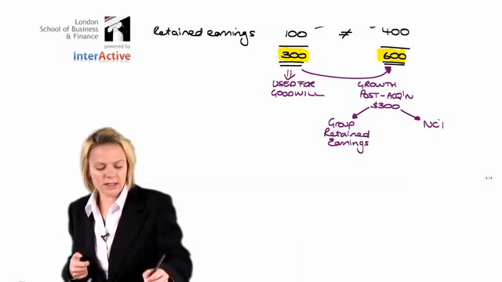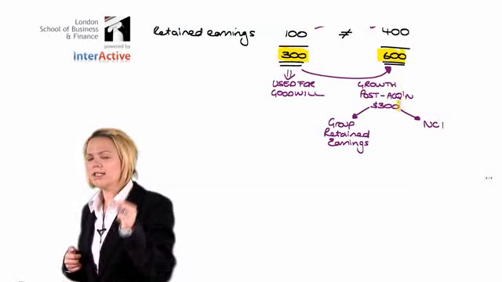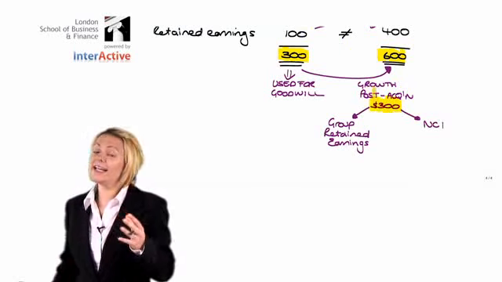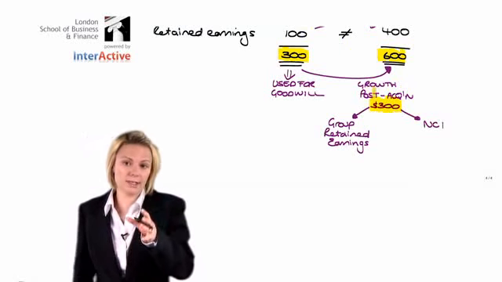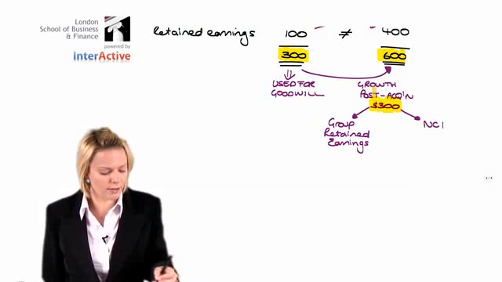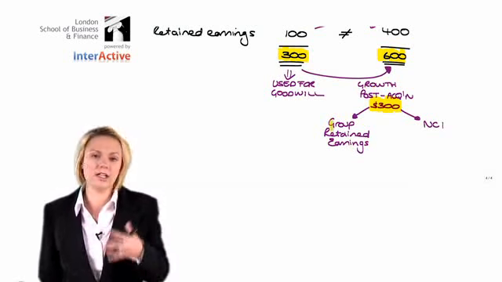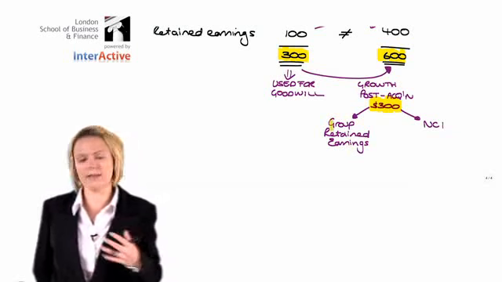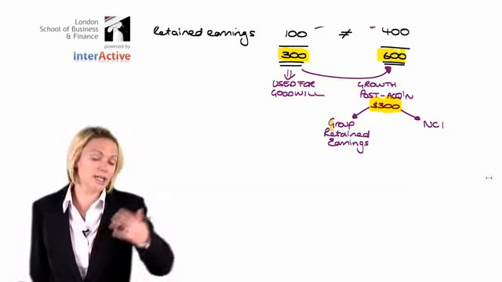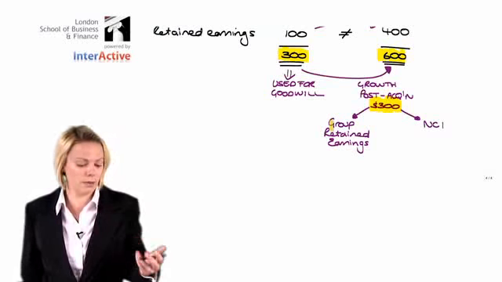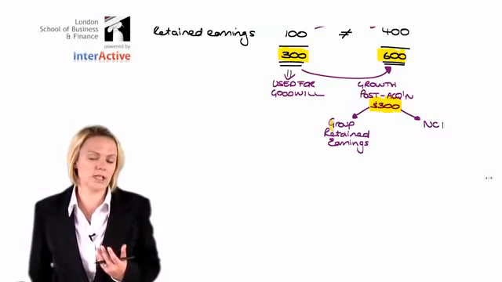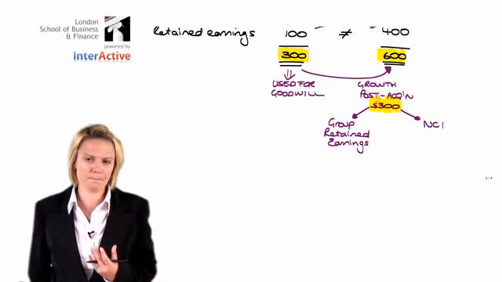So any profits that the subsidiary makes post-acquisition, well, legally I'm only entitled to 75% of that. And that's going to group retained earnings. The NCI would expect the other 25% because they're the minority holding. They would still expect a return on their investment through post-acquisition profits.